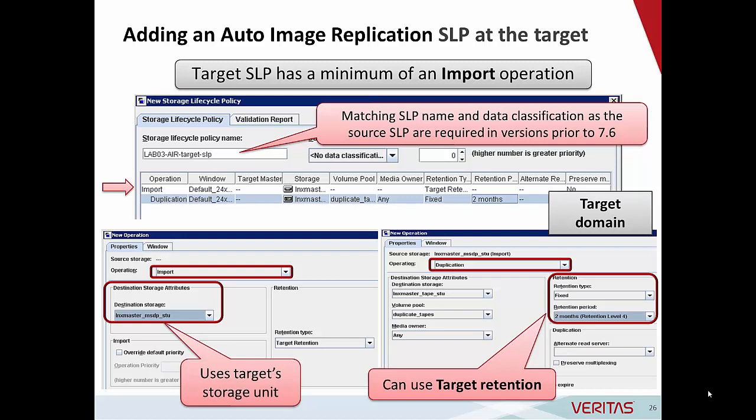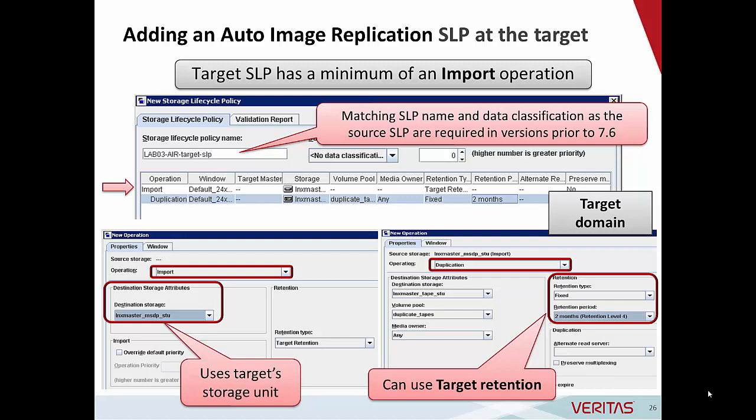That duplication to tape could have a fixed retention, or it could use the target retention. That's optional. But as a best practice, the import operation should always use the target's retention to guarantee that I am storing this data at the target domain for an amount of time that satisfies the service level agreement.